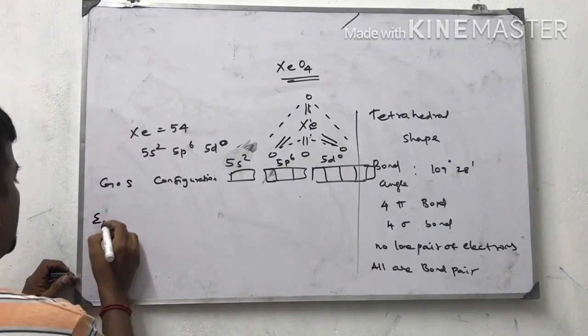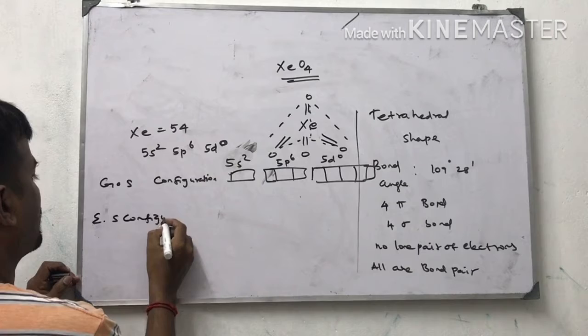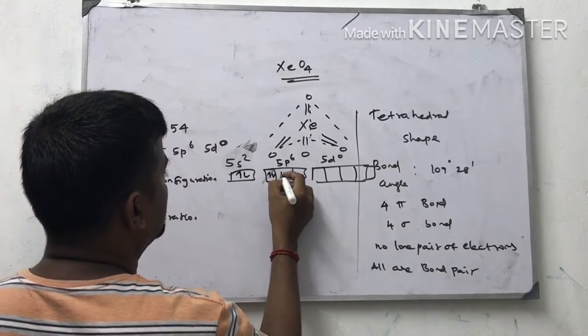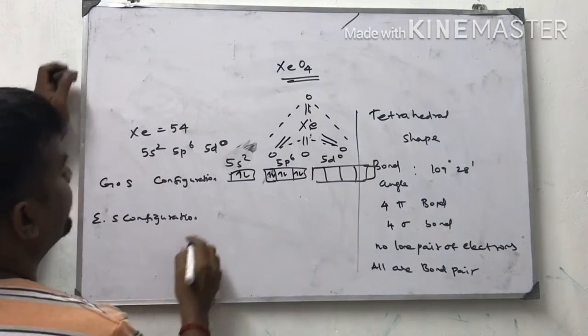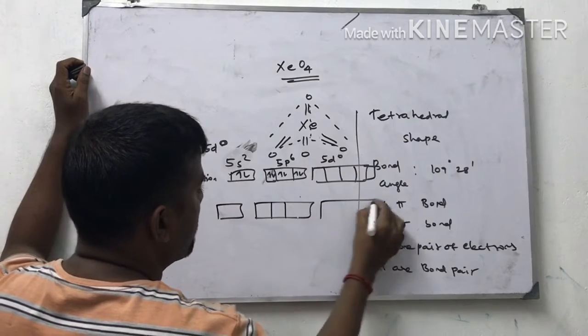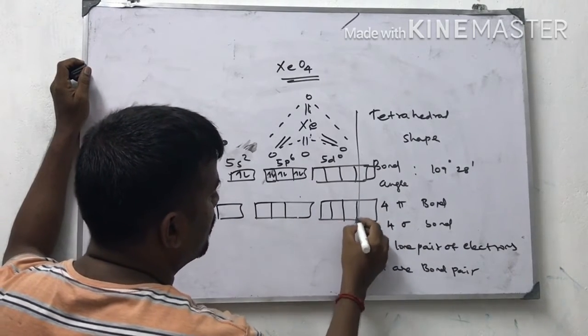Right, excited state configuration. In ground state 5s2, 5p6, here 5s2, 1, 2, 3, 4, 5.